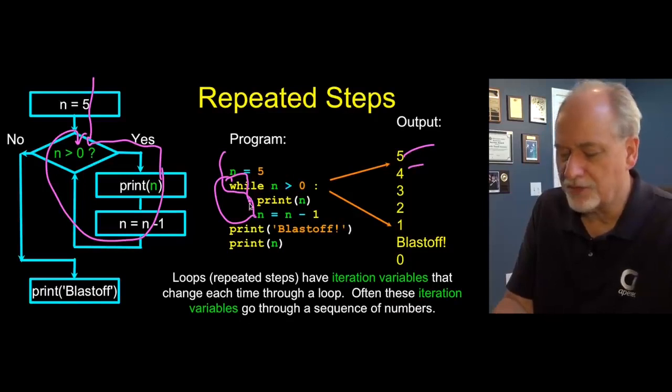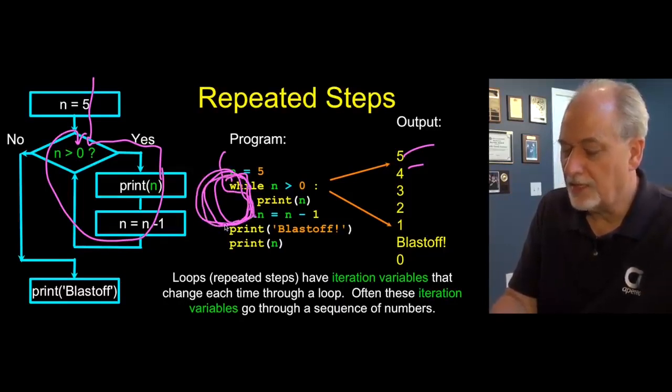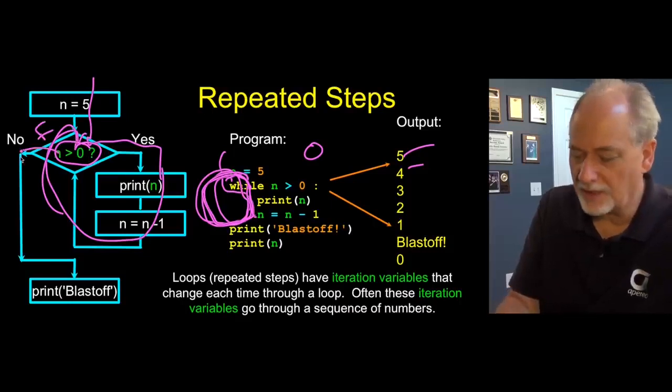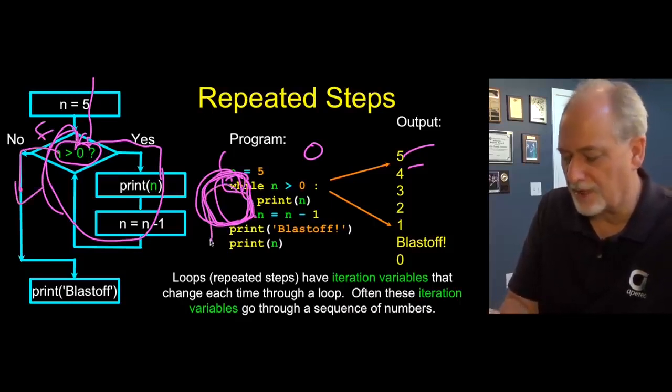Then it prints out 4, subtracts again, checks, prints 3, subtracts again, prints 2, subtracts again, prints 1, subtracts again. Now n is 0, and so it comes back up. This question has now become false. So it's going to take the exit. So it's going to come down and run this line right here.